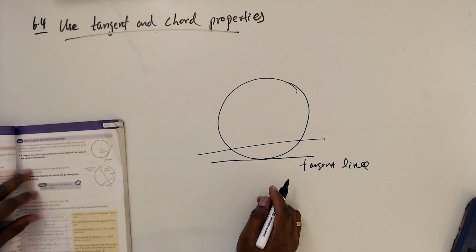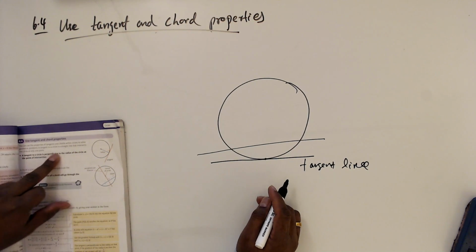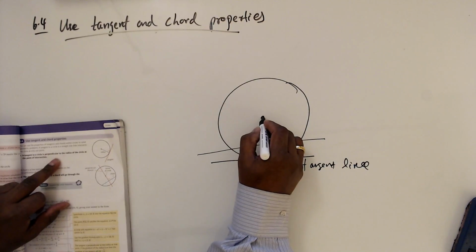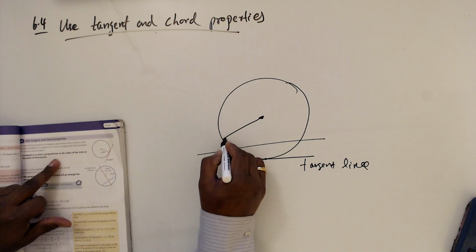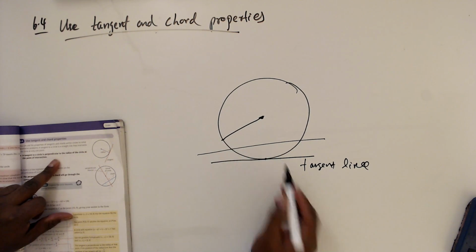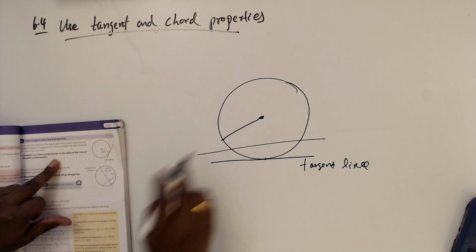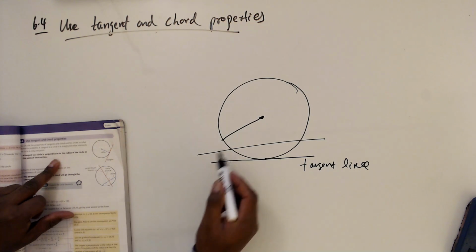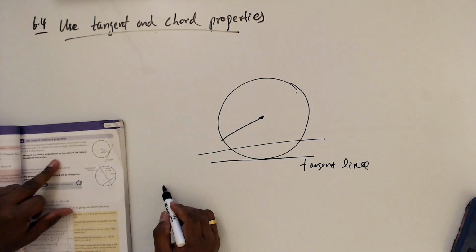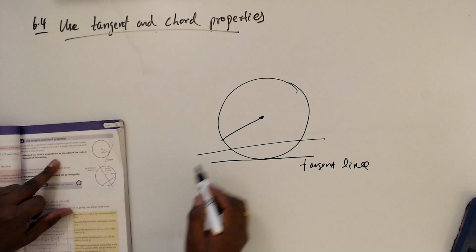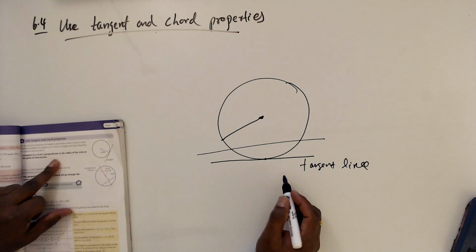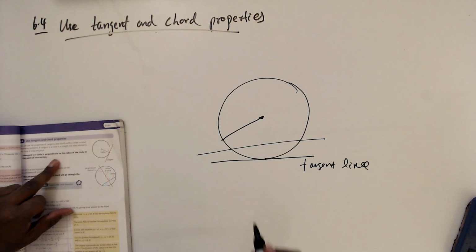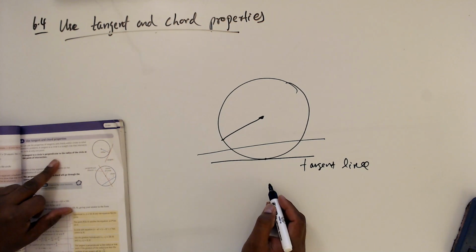Now the tangent to a circle is perpendicular. So this is the radius. The radius is perpendicular to the tangent, not this radius, because this is not perpendicular. We can draw an infinite number of radii, but only one radius is perpendicular to the tangent.